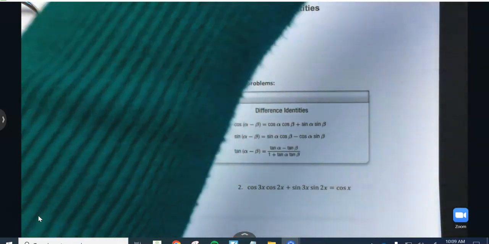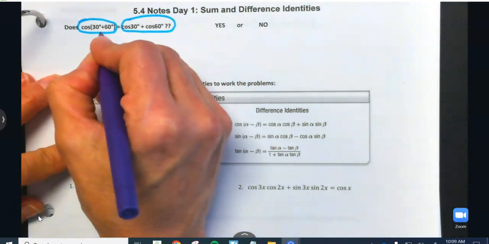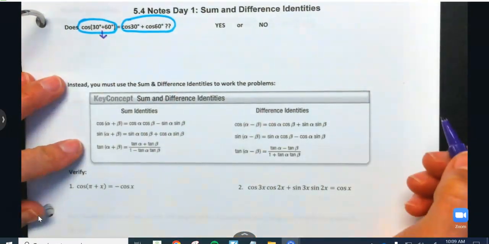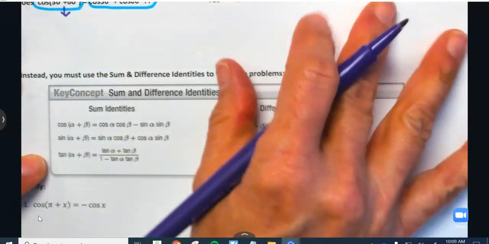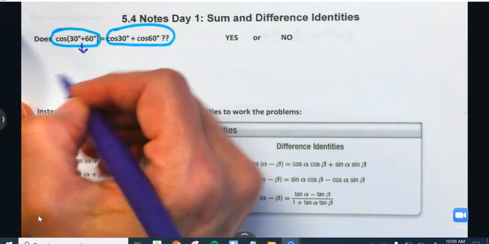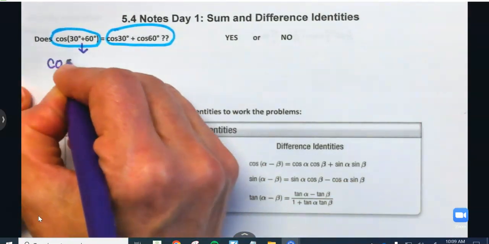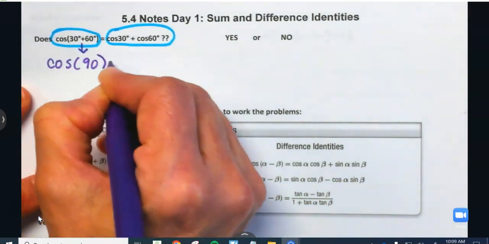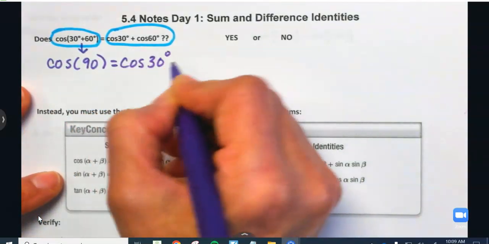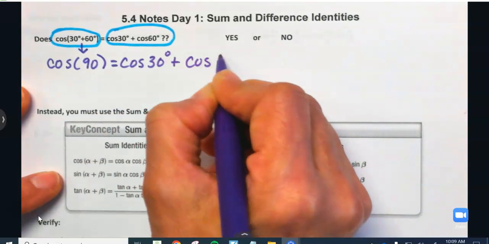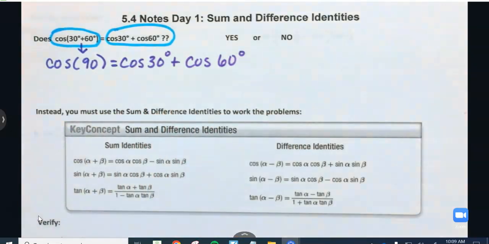Let's find out. Can you combine what's inside parentheses there? Yeah. So, does cosine of 90 equal cosine 30 degrees plus cosine 60 degrees? I don't know. Let's find out.